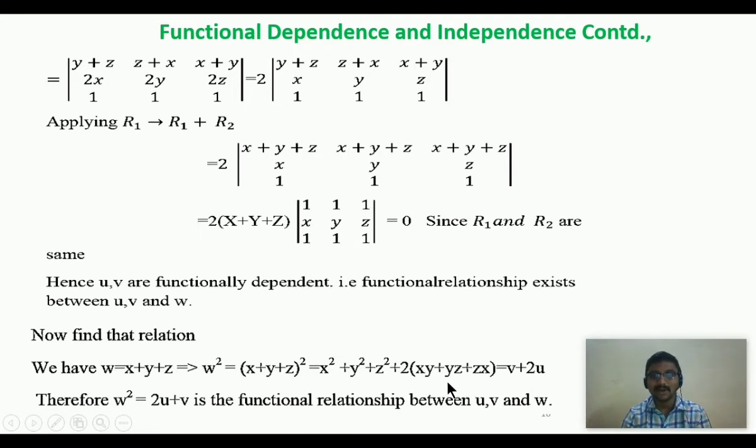Now taking 2 as common, that is 2 into xy plus yz plus zx. But substituting the given values, that is u is xy plus yz plus zx and v is x square plus y square plus z square, we will have a unique relation between u, v, w, that is w square is 2u plus v. It is the relation between u, v and w.